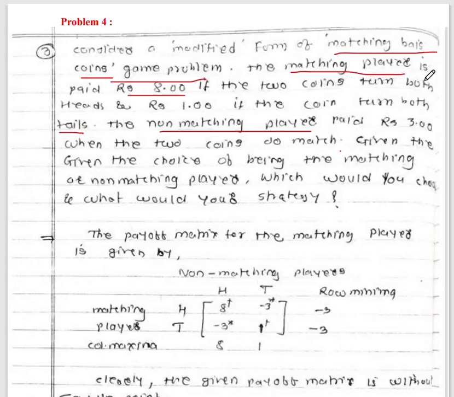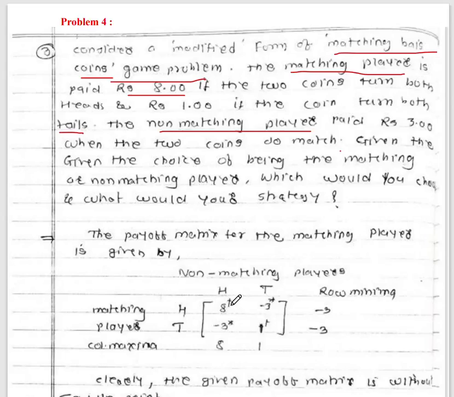What is our data? The matching player is paid 8 rupees if both coins turn head. So if there is head and head, then 8 rupees will be paid. And 1 rupee if both coins turn tails.